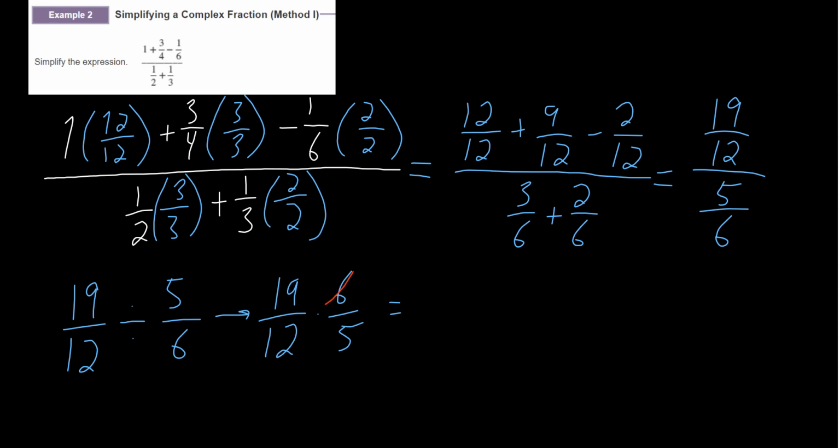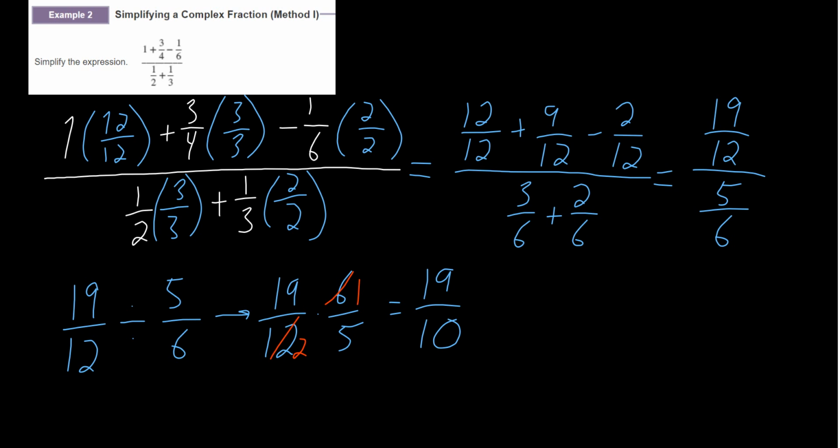That turns into a 1, this turns into a 2, so 19 over 10. And that's it. I say that's it, I know there was a lot in this, and as you see, this is called method 1. I'm not a particular fan of method 1. I do use method 2 that we'll see, probably starting at example 4.